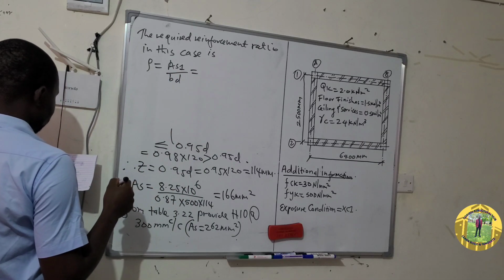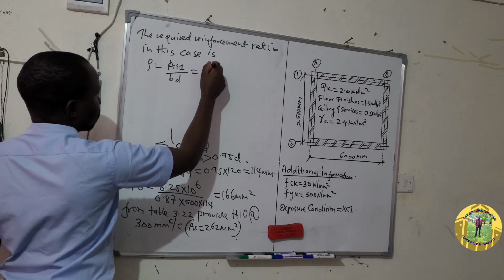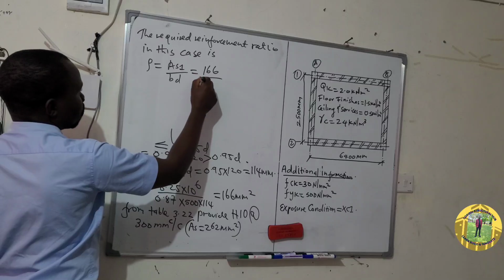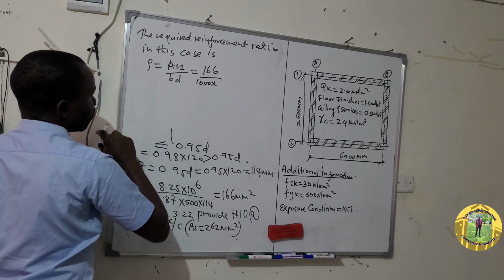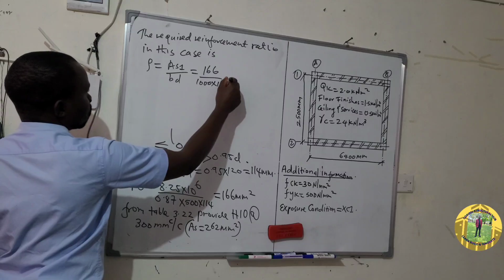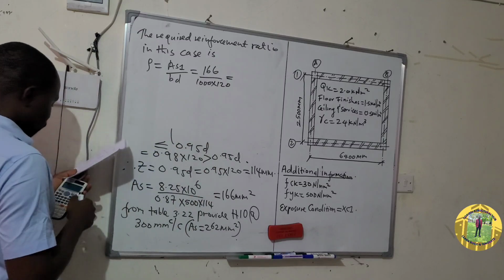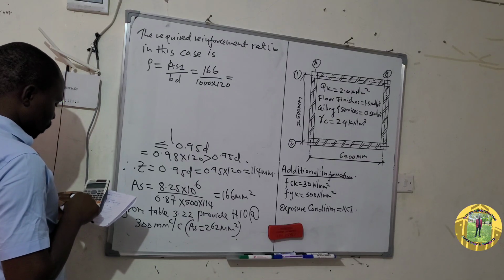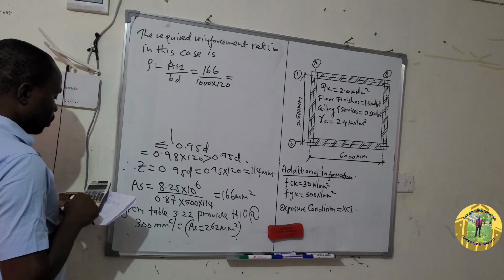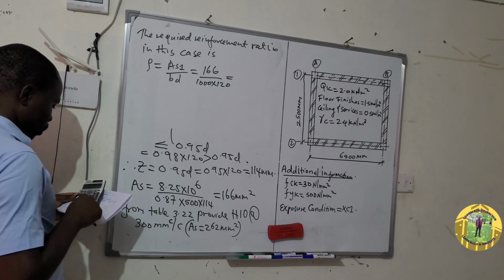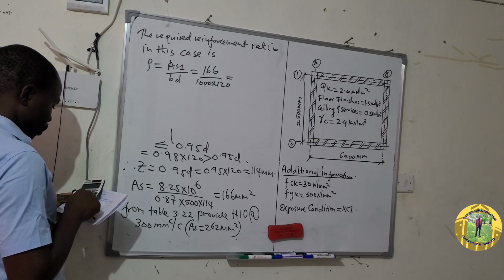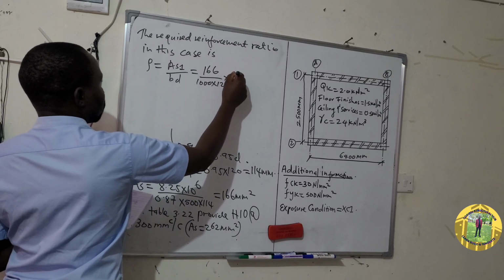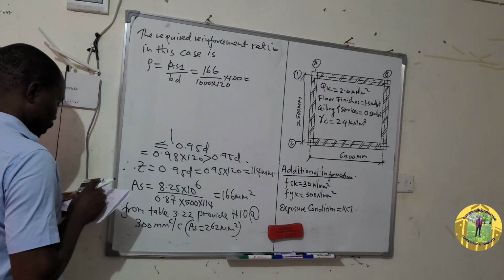So this one is equal to 166 all over B. B is 1,000 and D is 120. So this one is equal to 166 all over 1,000 times 120. Then multiply by 100 so that you can have it in percentages.